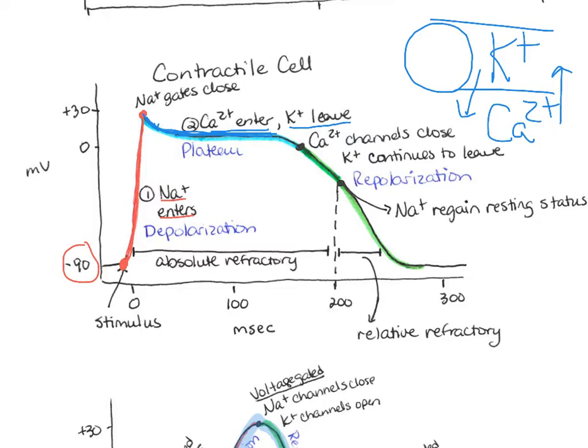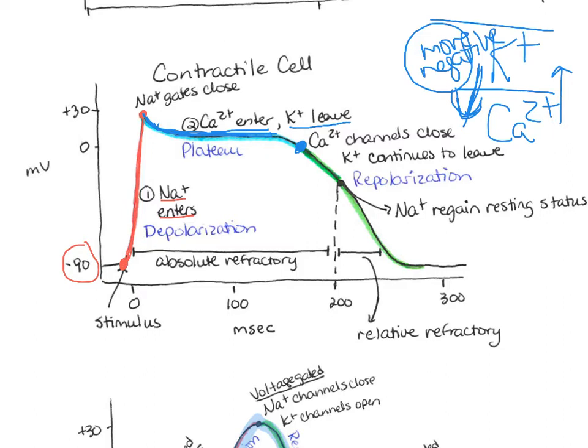But then eventually, those calcium channels are going to close, right? Almost around, just before 200 milliseconds. The calcium channels close. Well, now it's all about the potassium. So potassium leaves, and the charge inside the cell then starts to become more negative because now it's just potassium that we're talking about.